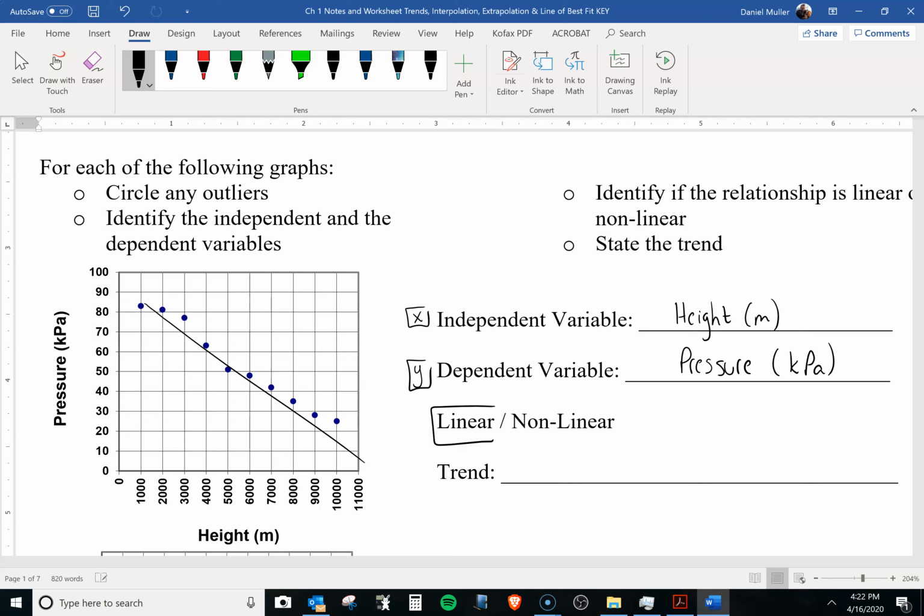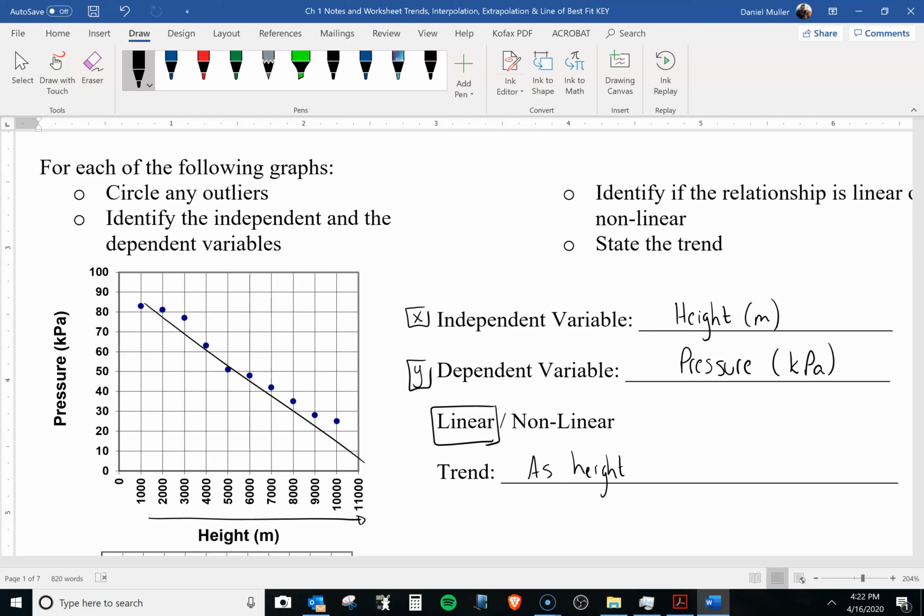And what actually is the pattern? What is the trend? So the trend is, as the height, so I'll start with as. As the height, is the height going up or going down as we move along? It looks like the height is going up.